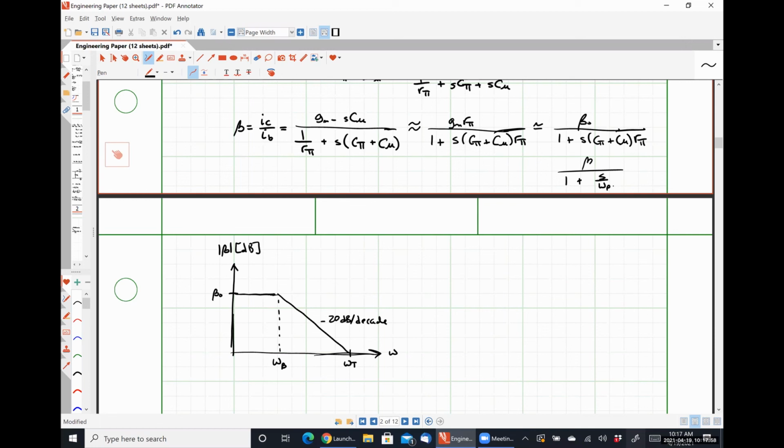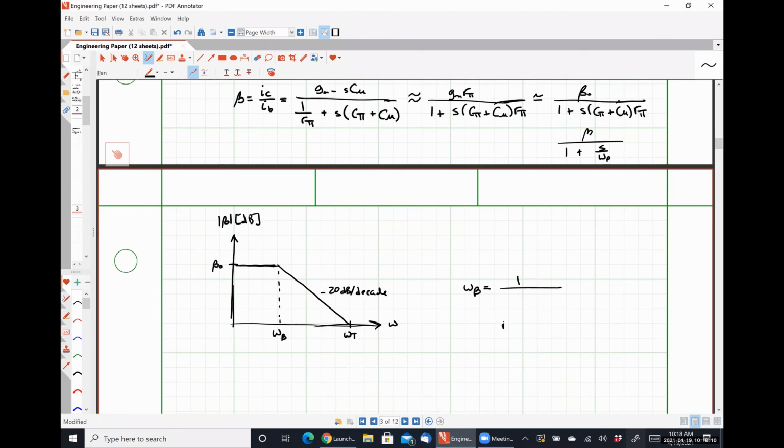So from this, our pole frequency, omega B or omega beta, is simply 1 divided by R pi times C pi plus C mu.